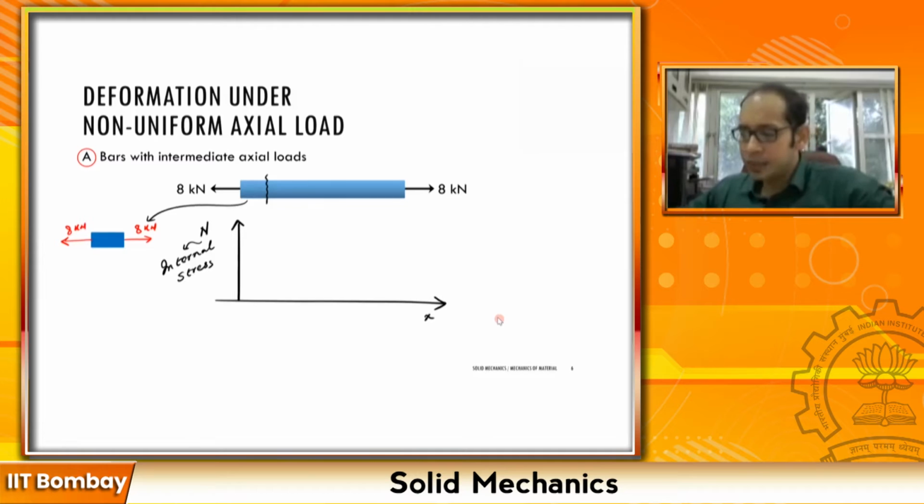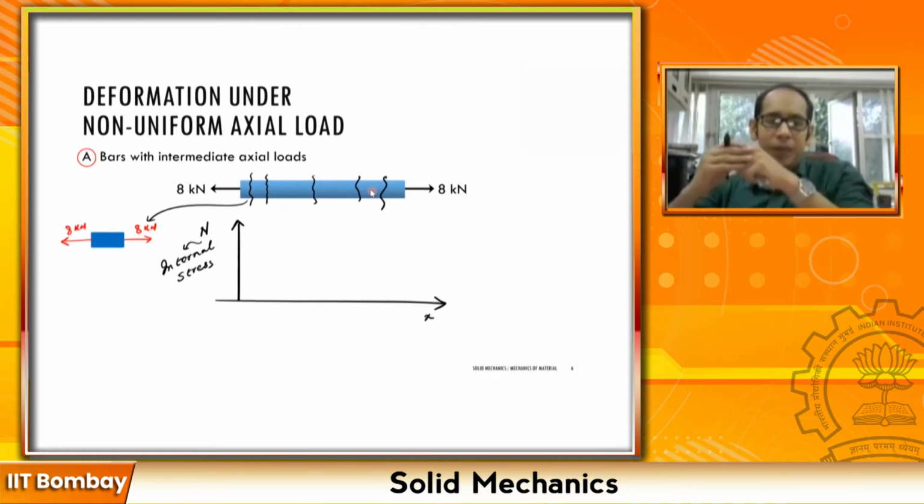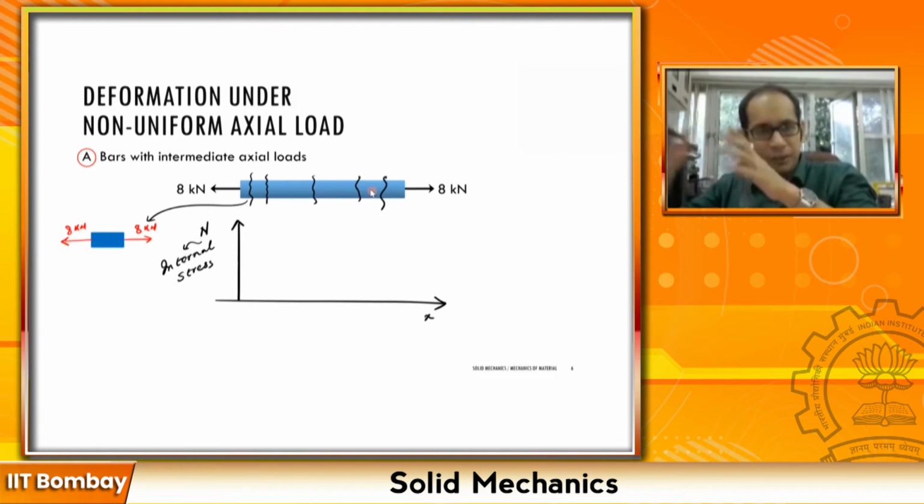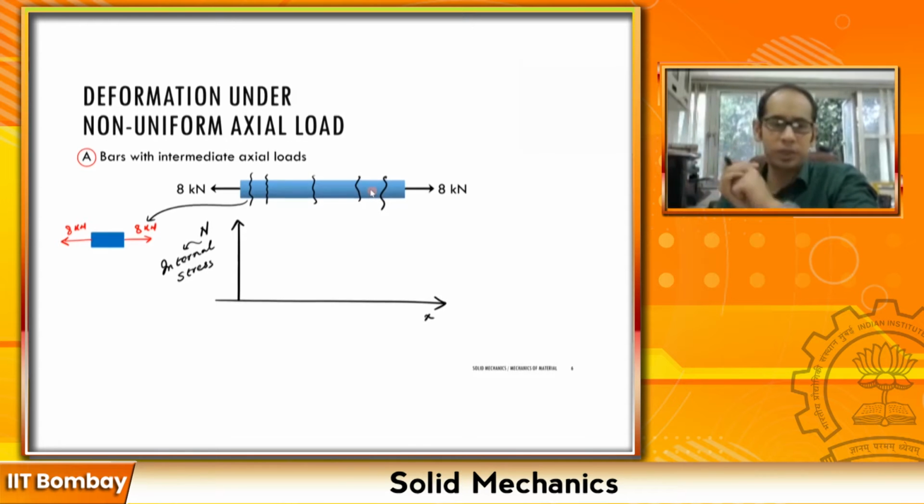So it doesn't really matter where you are taking this section, even if you take it closer to this edge or farther away. If I take the section here or here or here, it really doesn't matter. Everywhere, if you draw the free body diagrams, you are going to get the same uniform internal force of 8 kilonewton.